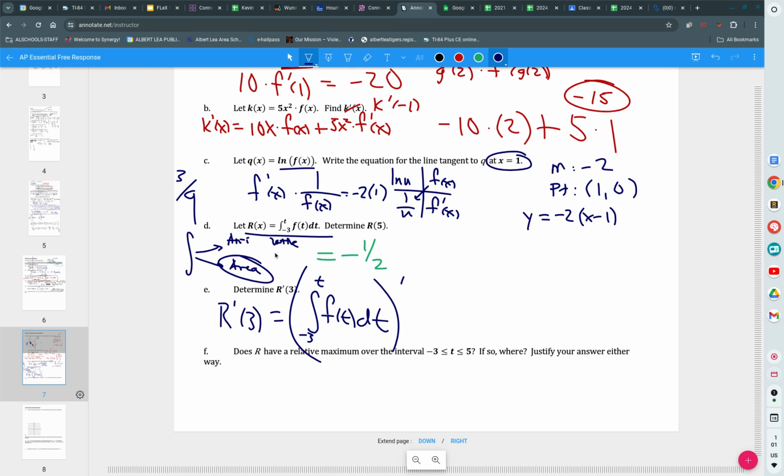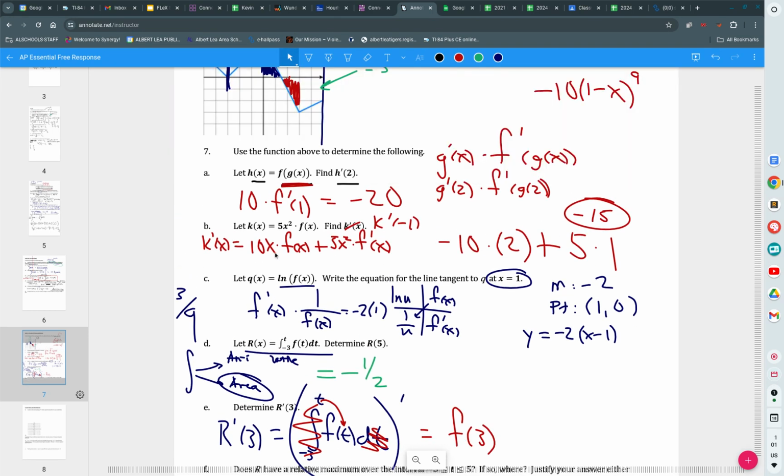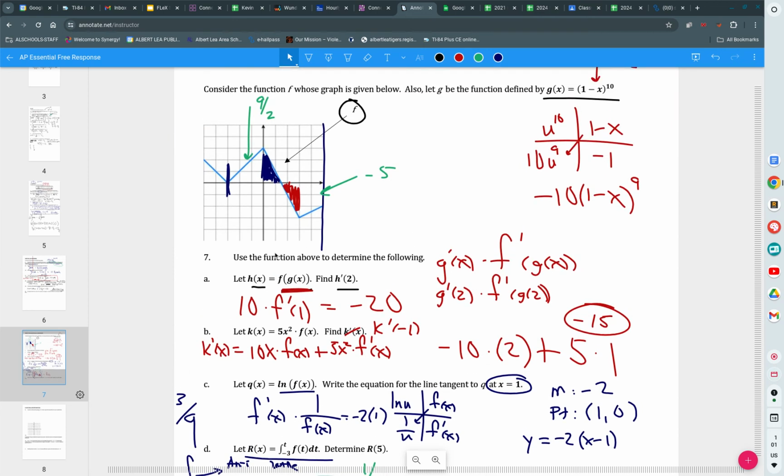Yeah, the integral sign goes away and the dt goes away, right? And remember, we just plug in this value into there. And for what t value are we evaluating this derivative? So this is simply equal to whatever the function value is at 3. And what is the function value at 3? Yeah, negative 3.